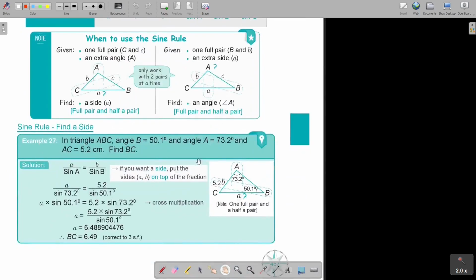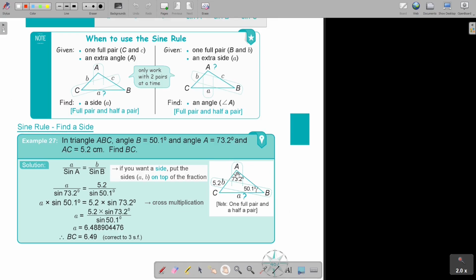Now, if you look at this method, I'm first going to do it, and then I just want to show you something. So in triangle ABC, they give you all the information, just like I'm looking now. In this case, I must find a side. You must find an angle, okay? So it will not be this one. But can I just show you?